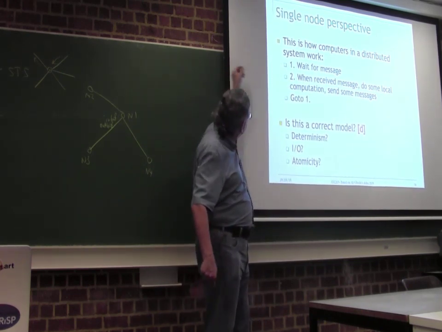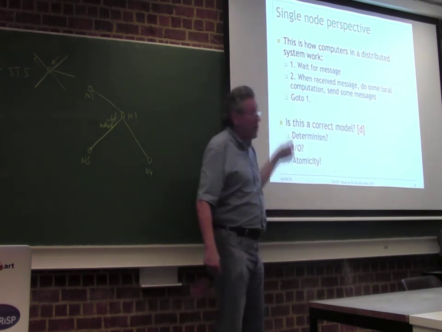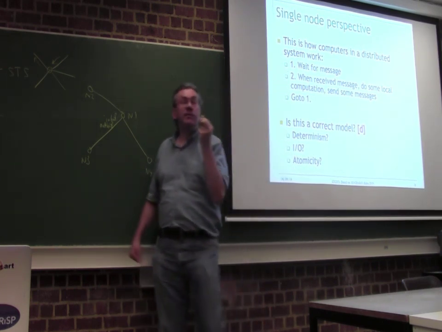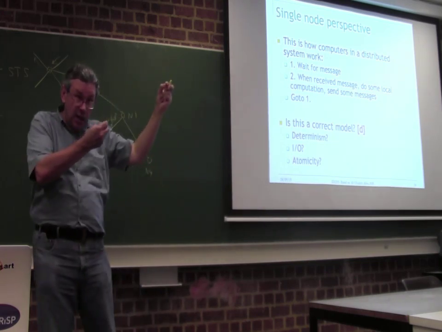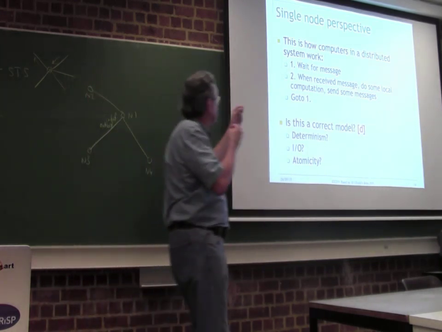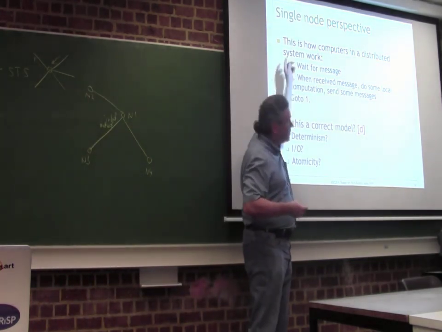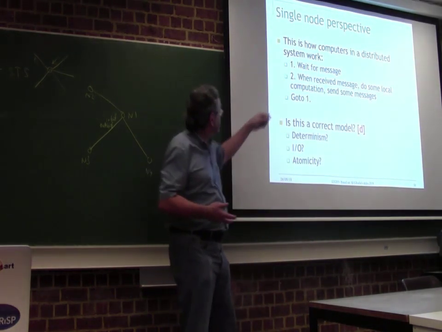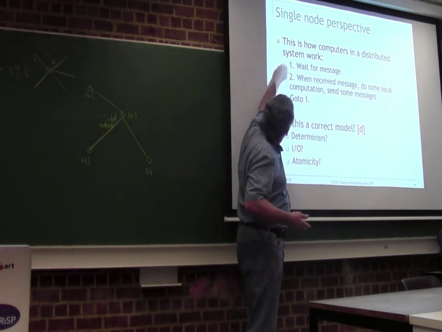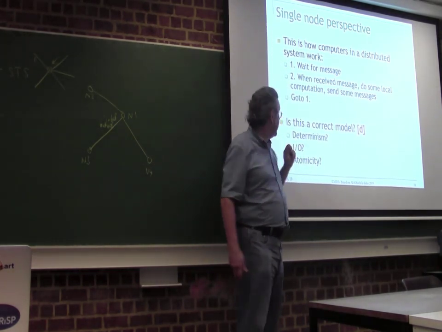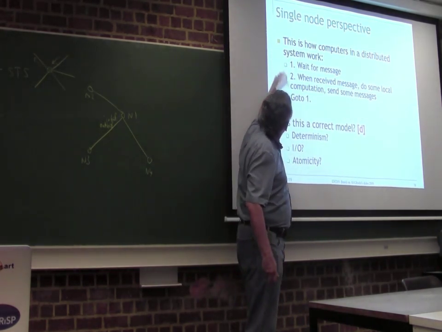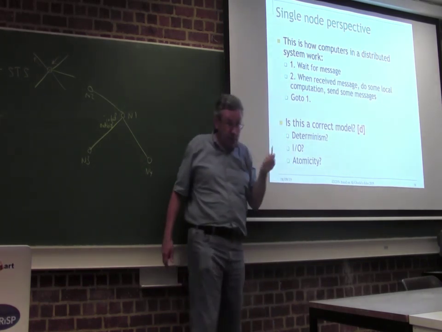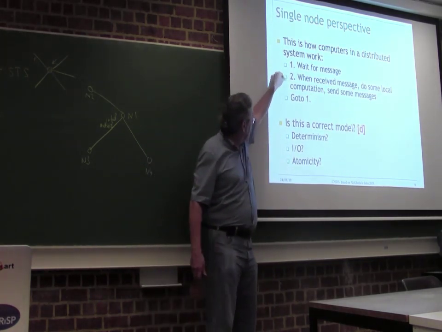If the message comes in during the computation, all that the interrupt does is put the message in an incoming queue, so that when we come back to 1, we'll see it. So it just handles the message, but it does not actually interrupt this computation, okay? So actually this is reasonable. Conceptually, the computation is atomic here.